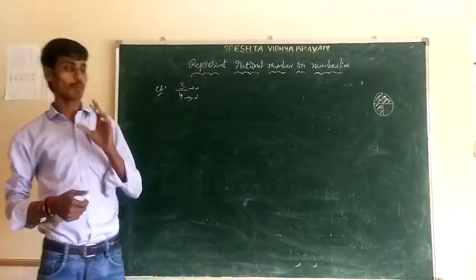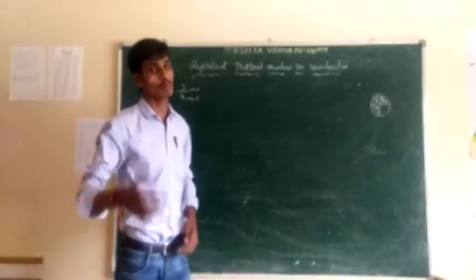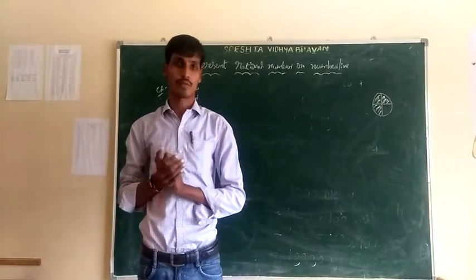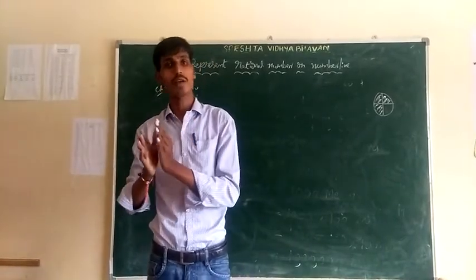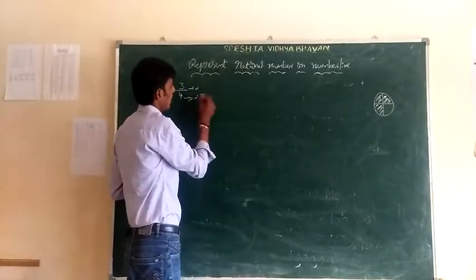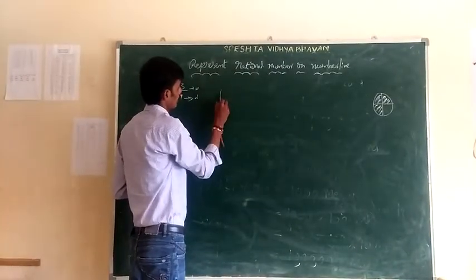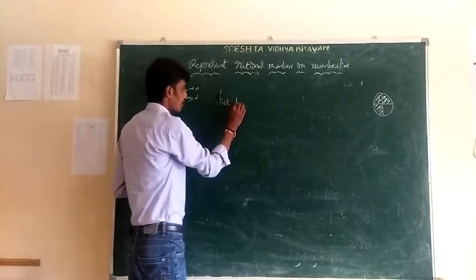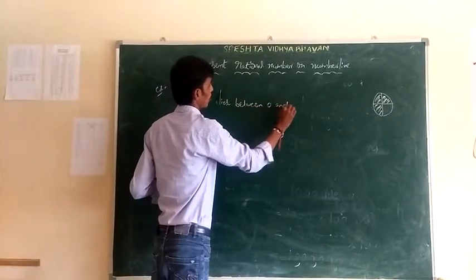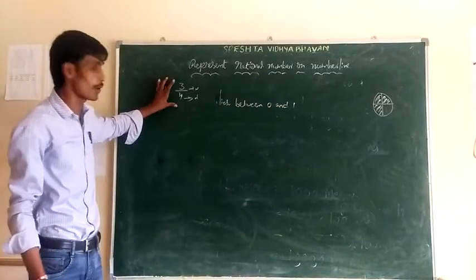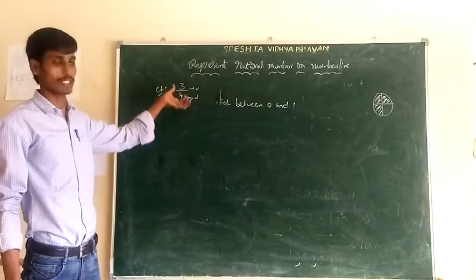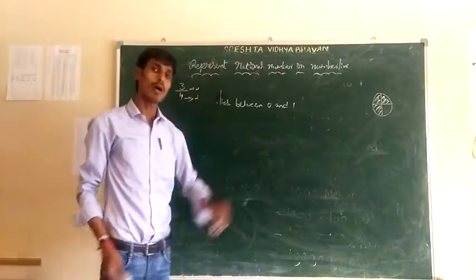A proper fraction has a value less than 1, so its value must lie between 0 and 1. Here 3/4 is a proper fraction, so it must lie between 0 and 1.